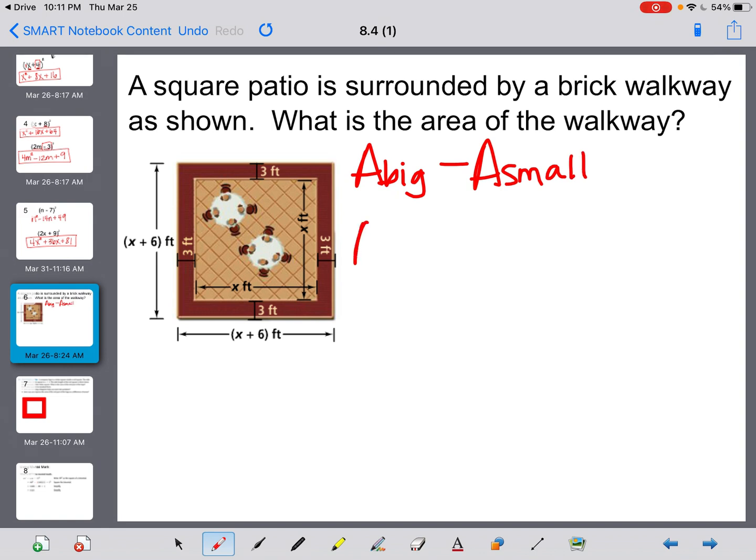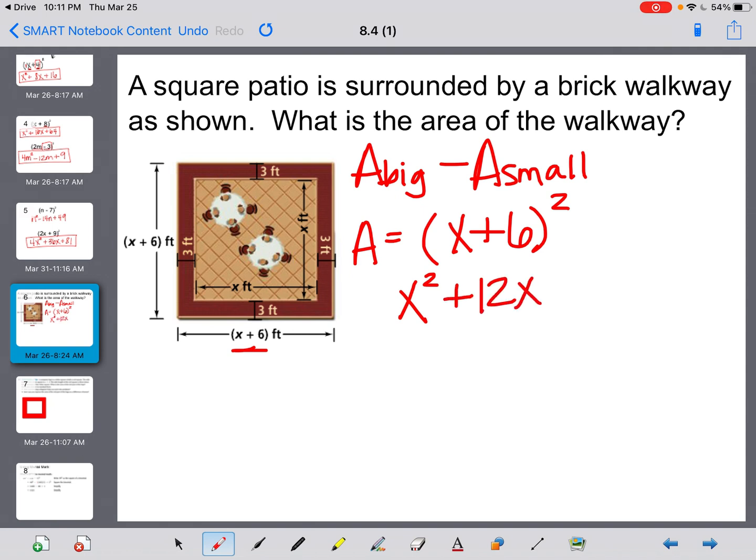So when I'm finding the area of the big one, each side is x plus 6, so I have x plus 6 to the second power, since a square is just a side times itself. When we're following our rules, we take the square of the first, multiply the 2 on the inside, and then times 2, so plus 12x. And then the square of the second is 36. So there's the area of the big square.